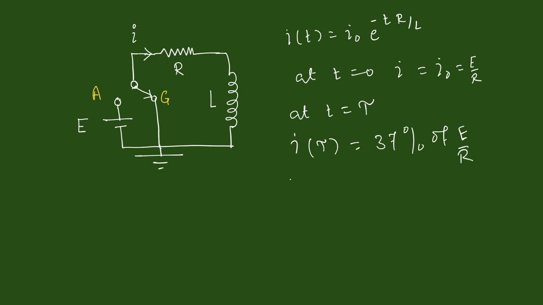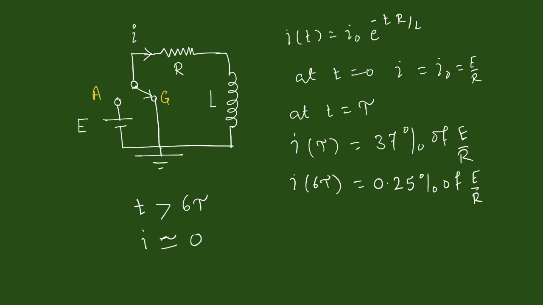And in 6 time constants, it will reach a value that is 0.25% of the maximum value from where it started decreasing. So we can say that right from the time the switch is shifted from point A to G, in a time t which is little greater than 6 times tau, the current will almost become 0. That means it will take a steady value equal to 0.